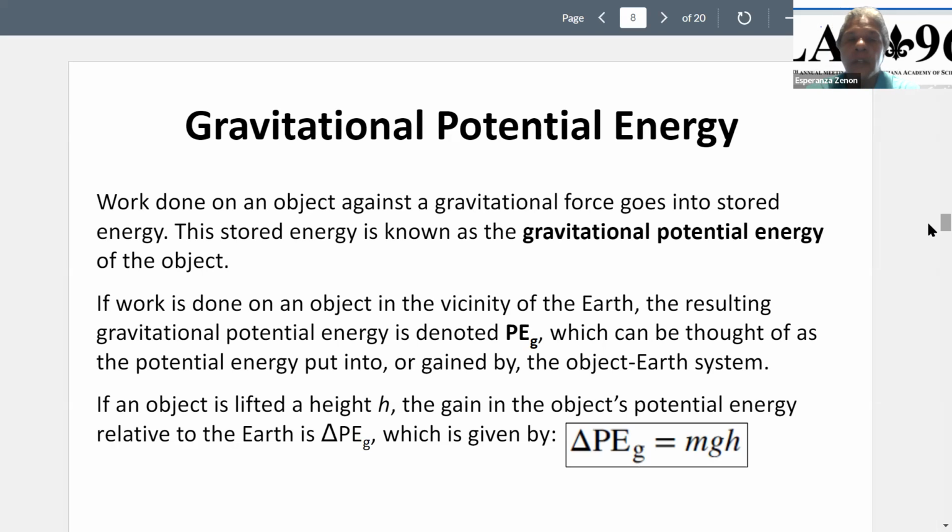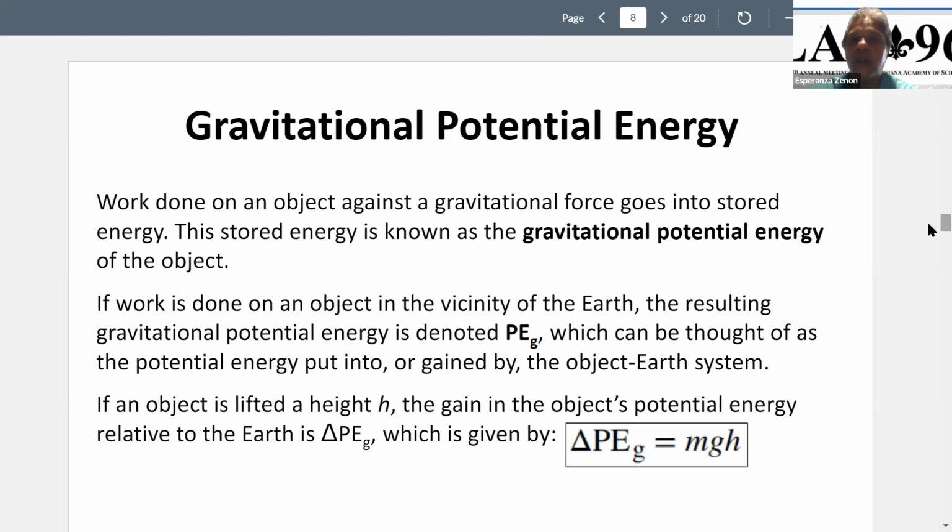So if you go to the moon and you do mgh and compare that to mgh where the h's are the same on Earth, you're going to store up more energy on Earth because little g on Earth is bigger. Okay, gravitational potential energy. And again, because this is energy, the unit is joules.